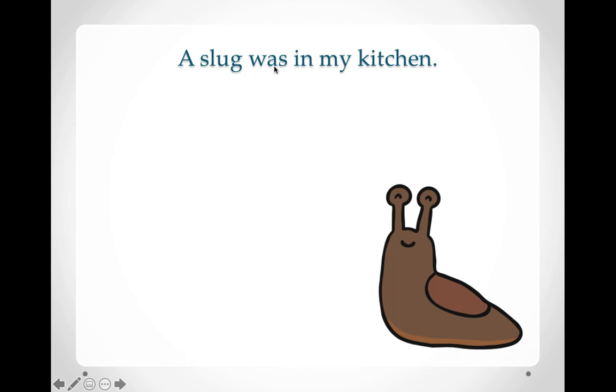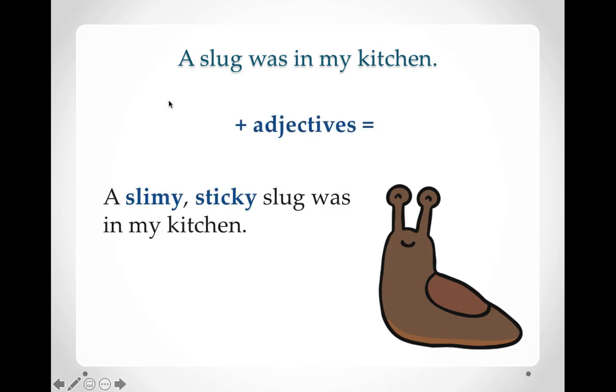A slug was in my kitchen. Now, if I add adjectives to this sentence, a slimy, sticky slug was in my kitchen. Slimy and sticky. These are the words that I have used to describe the slug. Now remember, adjectives are describing words.